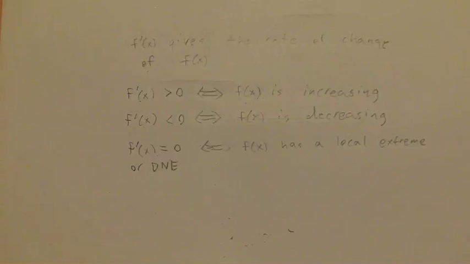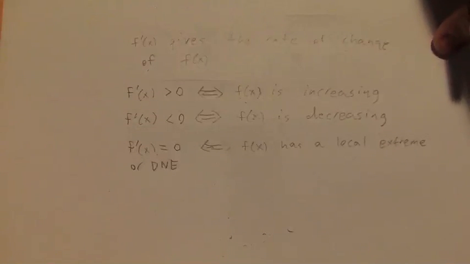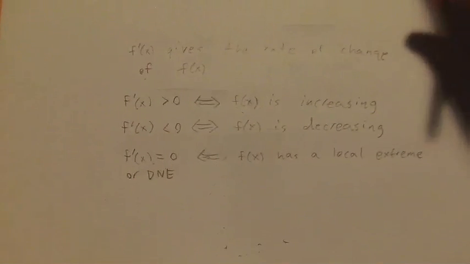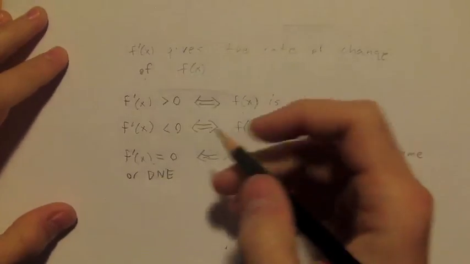Basically, what we're going to do is find our critical points, and to the left and right of each critical point, we're just going to see whether the derivative is positive or negative, and that's going to tell us whether we have local maxes or mins.